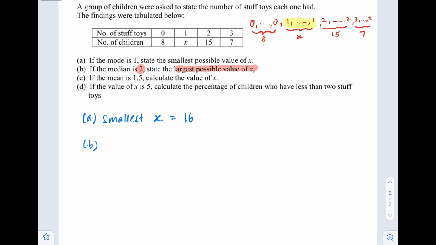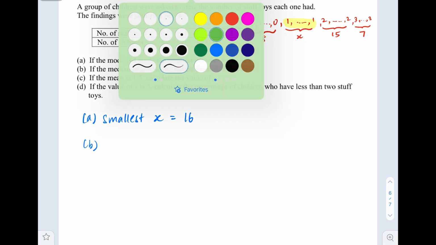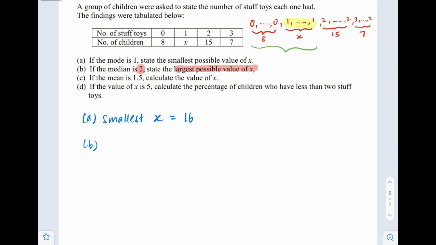So for this to happen, it means that I must have a large number of data points in front of the 2, which is the median. How many data points are there behind this 2? So you can see that there are 15 2's, right? If this is the median, that means there are 14 2's left and 7 3's.